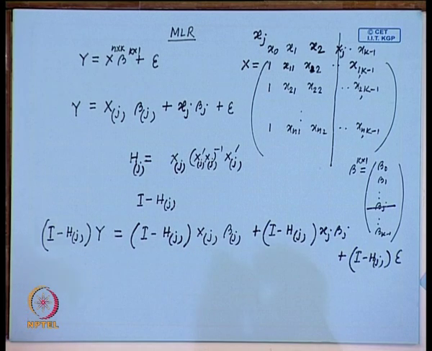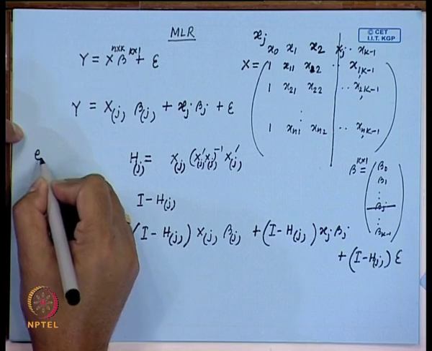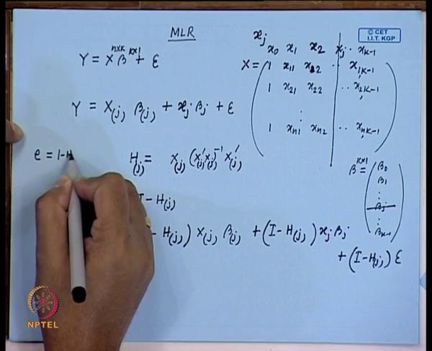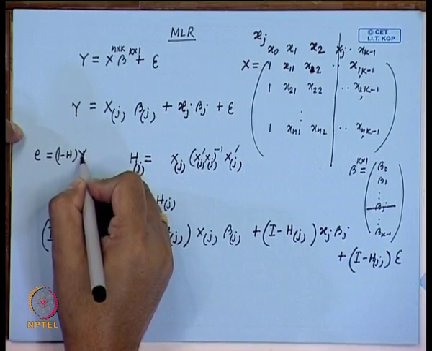Okay. So, what we know is that in matrix notation e equal to (I minus H) y.